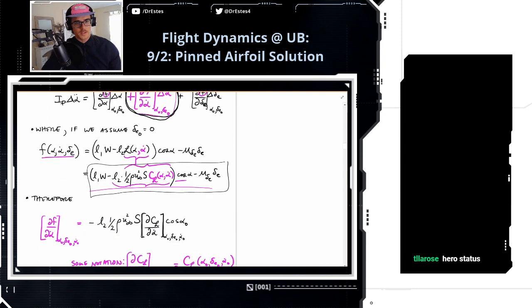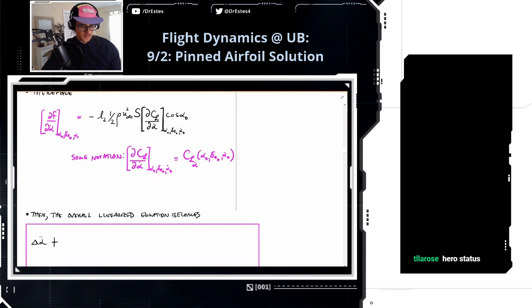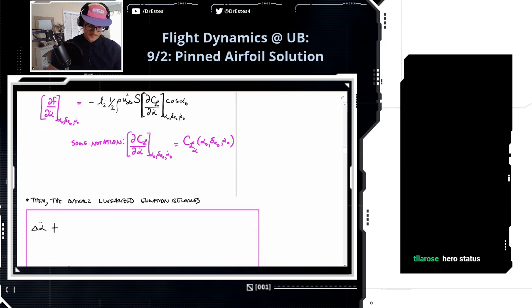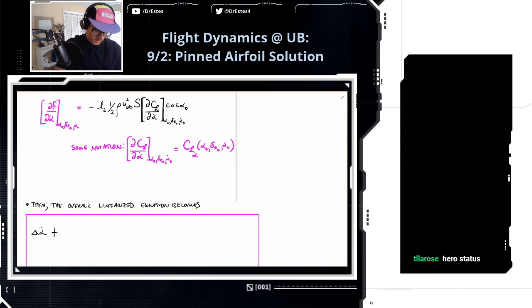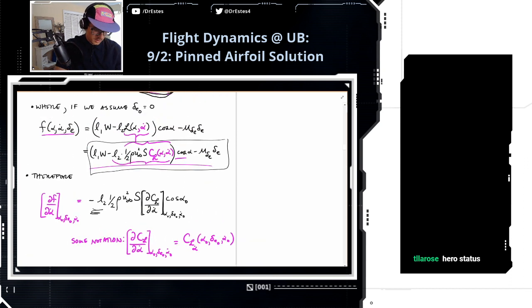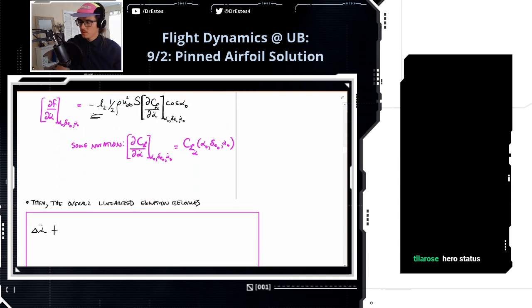So when I'm writing this huge expression in here, that's all it is. Well, this has a minus here, but I'm moving it over to the left-hand side so it becomes a positive.